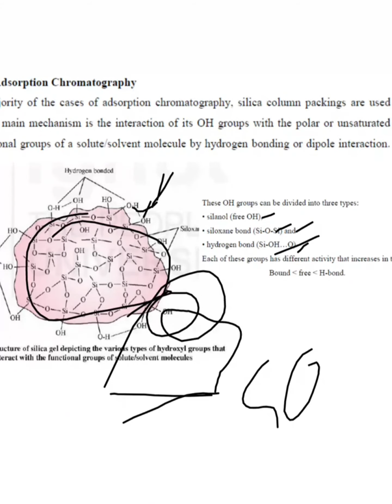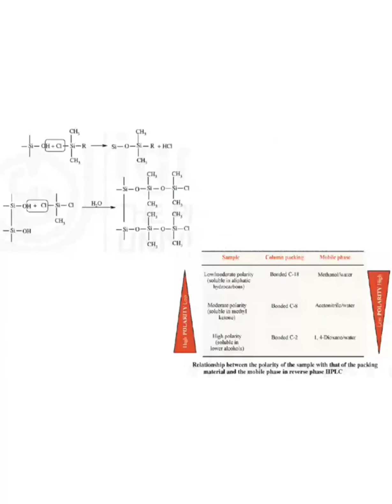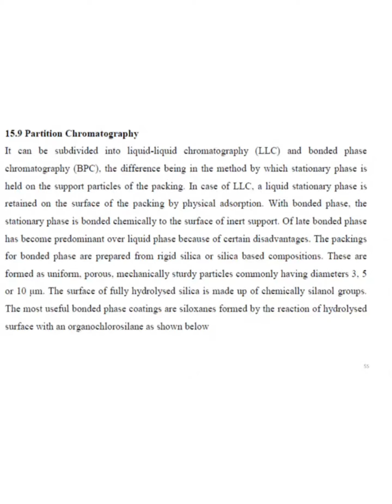And next is partition chromatography. In partition chromatography, it is a technique where the separation of the components happens between two liquid phases: the solvent and the film of solvent used in the column.